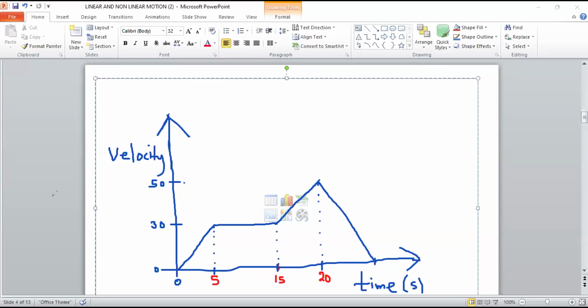So if it happens in 4 seconds, that means between 20 and where the deceleration ends, there are 4 seconds, and therefore we'll stop at the time 24. So that there will be our velocity time graph that we have for that type of motion.